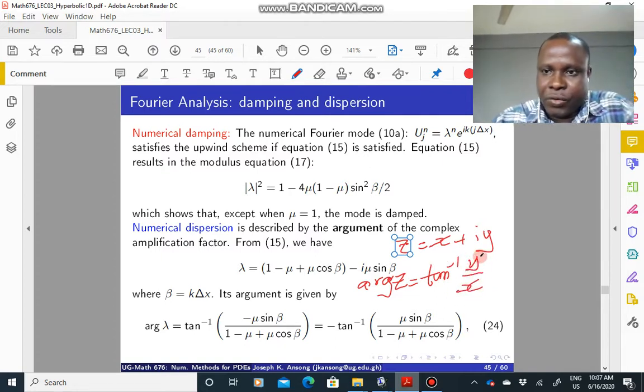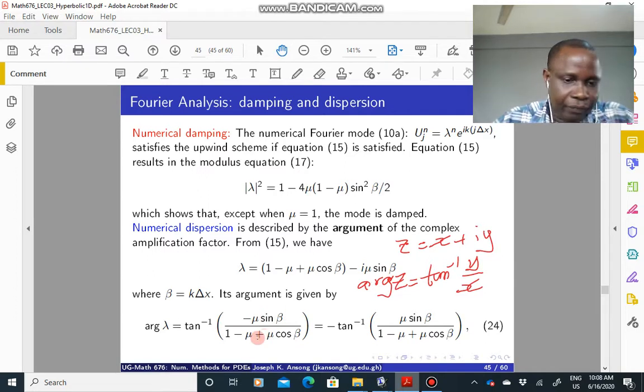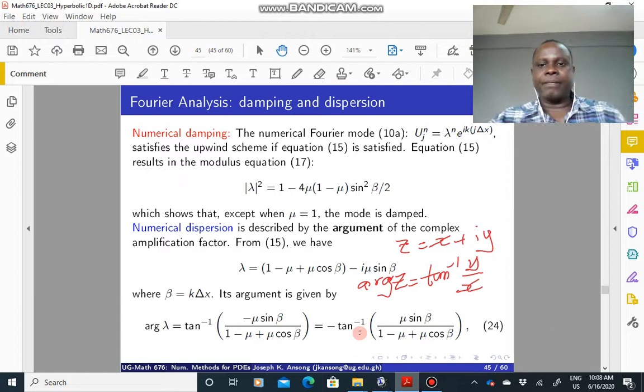You get this from linear algebra also. So that is where this is coming from. If you have a complex number, this is the real part, this is the imaginary part. The argument is the imaginary part divided by the real part, and that is what gives us this.